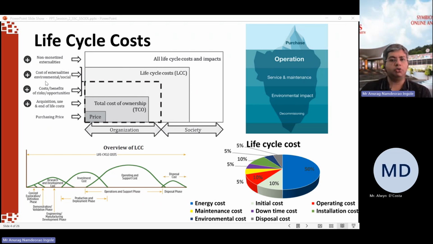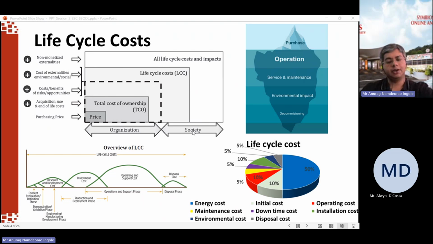There are no direct costs you see because of that, but eventually the impact is going to happen to the environment and to the society because of your product, right? So those are in the top square. The area outside the dashed square, the society is going to bear that cost. Your customer is going to bear that cost.